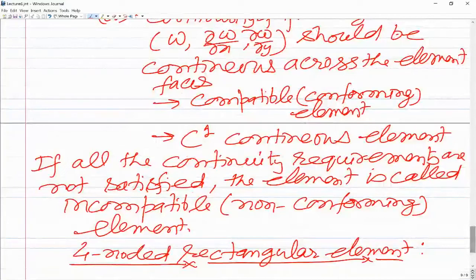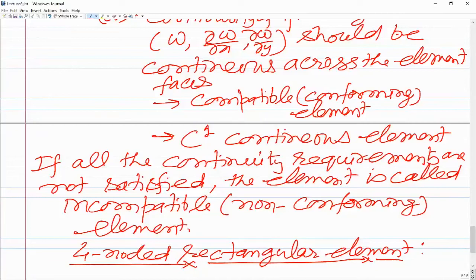C stands for continuity and superscript 1 stands for the order of derivative. So in this case, we require w as well as its first derivatives to be continuous. That is why it is known as a C1 continuous element.